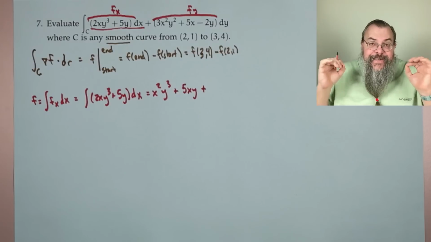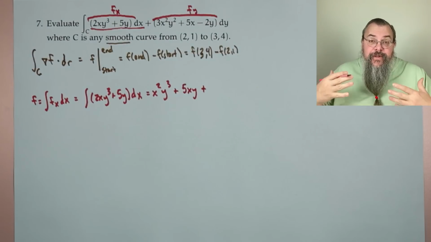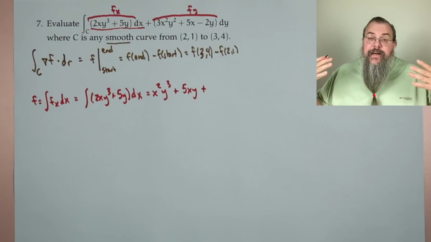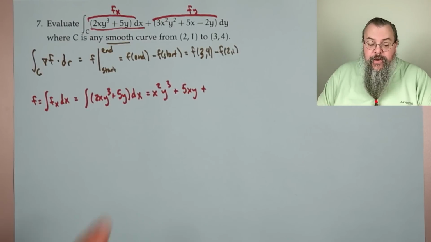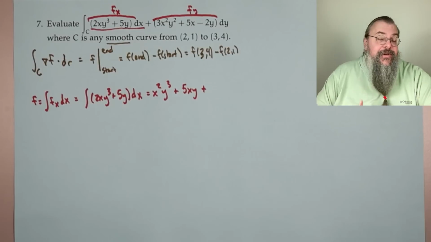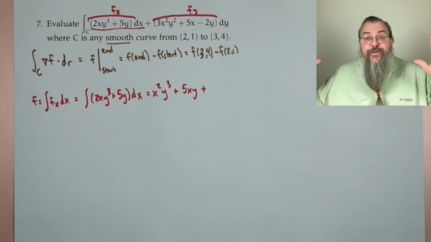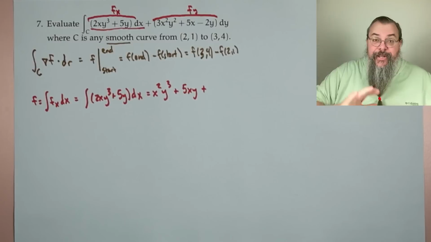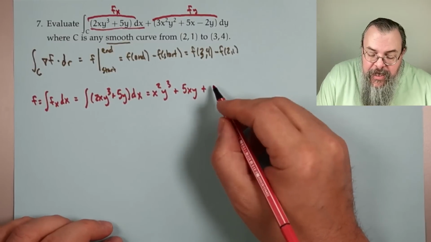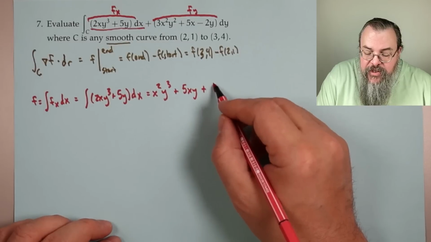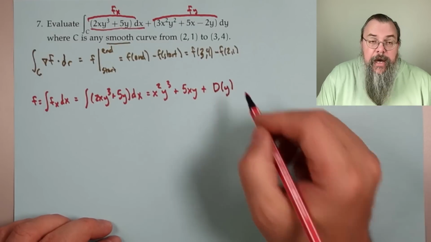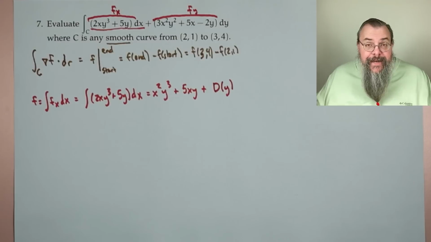Now, here's where it gets interesting. Because we're dealing with multivariable functions, it's constant with respect to what you integrated. So anything that's a constant with respect to x, which includes anything with y's, we're going to write this as some function which could involve y. Now, there might not be anything there. There might be. We don't know.